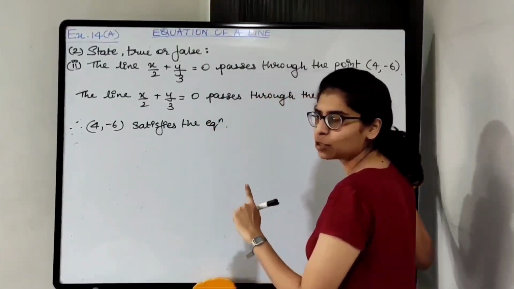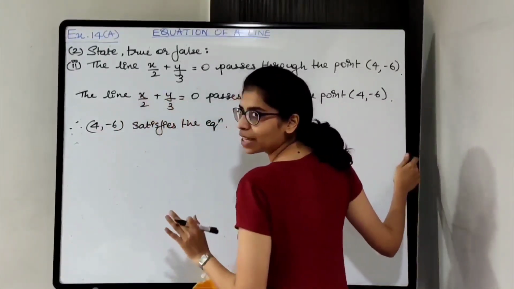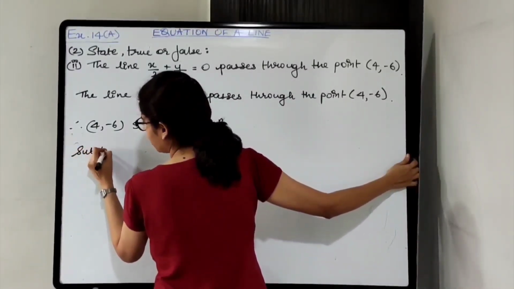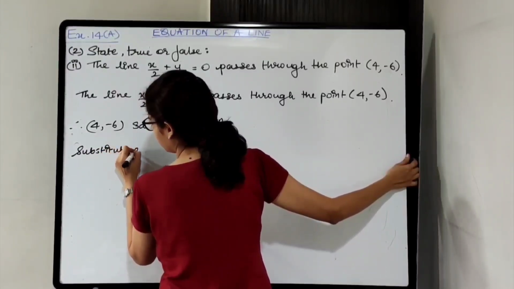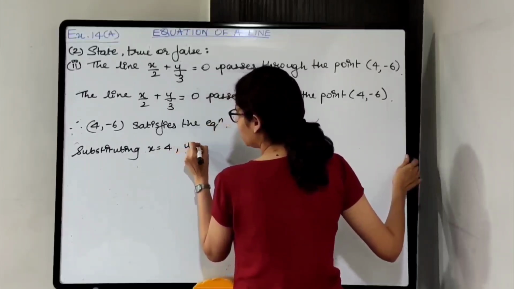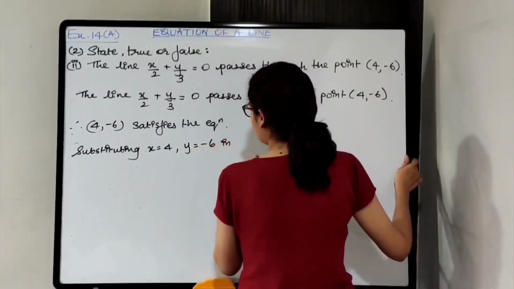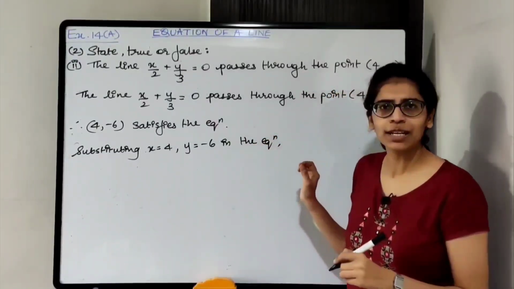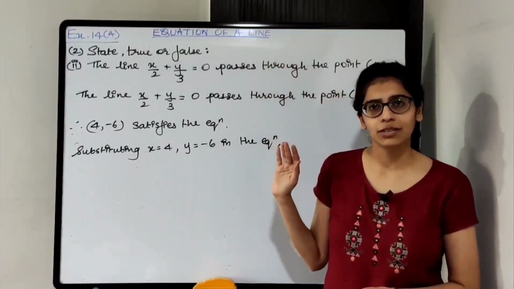So it is satisfying the equation, therefore we can put the values of x and y coordinates. So substituting x equal to 4 and y equal to minus 6 in the equation. Why are we substituting in the equation directly? Because we are told that it is passing through the point.